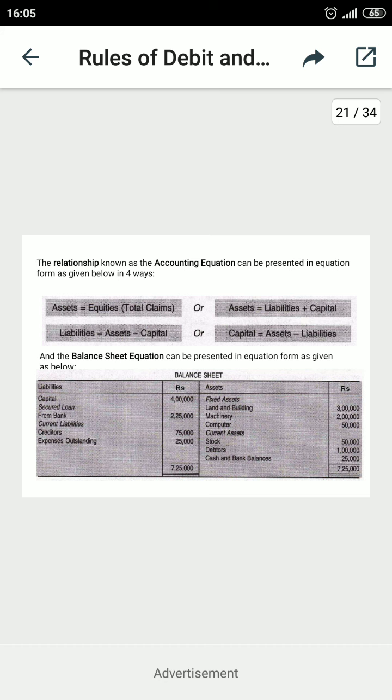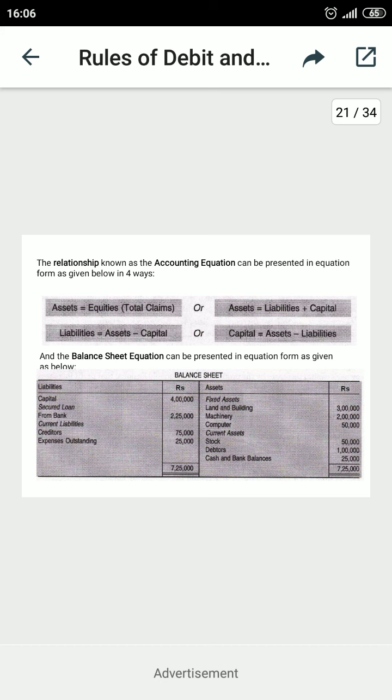Now you may see a specimen balance sheet. One side, the right side, has the different kinds of assets, such as fixed assets, land and building. The total is 7,25,000.